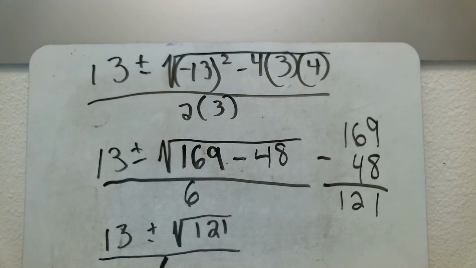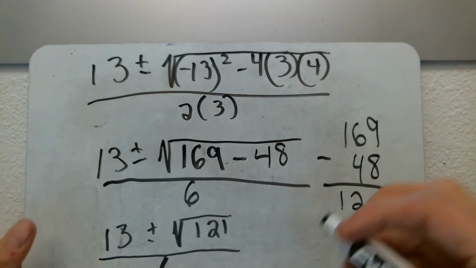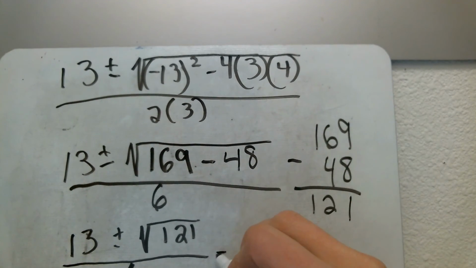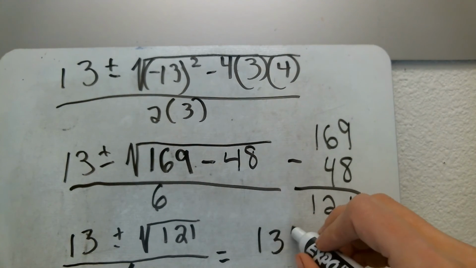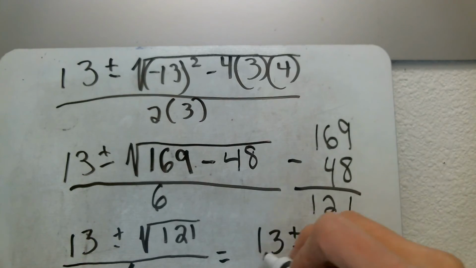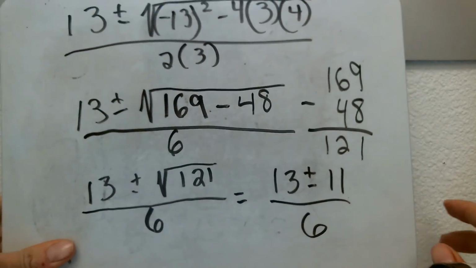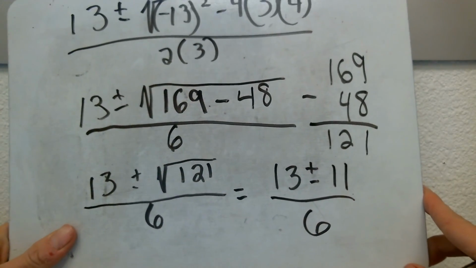But the square root of 121 gives me 11. So what I'm looking at here is 13 plus or minus 11 divided by 6. So we're going to continue at that point. We're going to look at it as 13 plus 11 divided by 6, and then 13 minus 11 divided by 6.